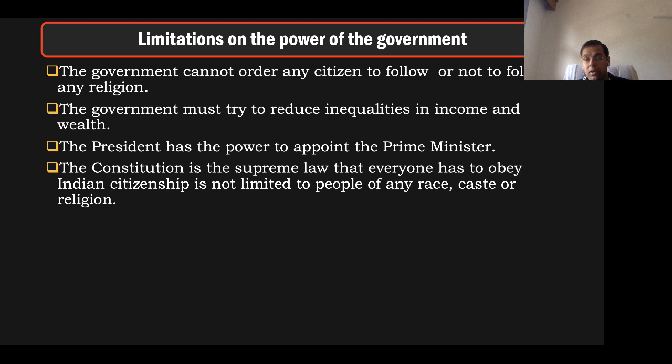You are accountable and responsible towards the Constitution of India, and the government is accountable and responsible to all the citizens of India, you and me together, because we are governed by the Constitution of India. I hope you are getting the point. Indian citizenship articles have been given from Article 5 to Article 11.